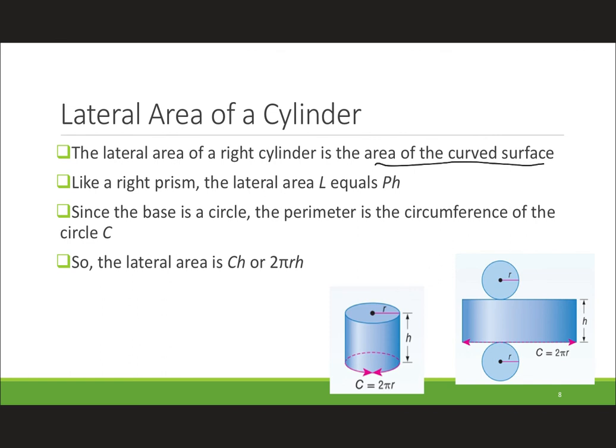Just like the right prisms, the lateral area equals the perimeter times the height. But since the perimeter of the circle is called the circumference, we just use that equation. So the lateral area of a cylinder is equal to 2 pi r, aka the circumference, times the height. It's the exact same thing if you look at it for a regular prism.